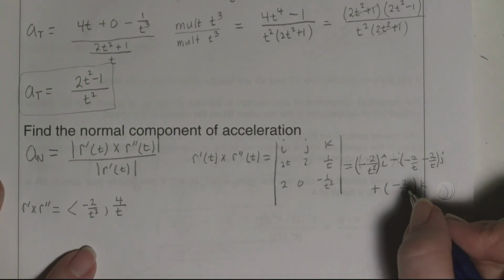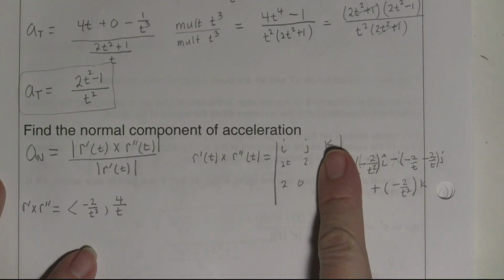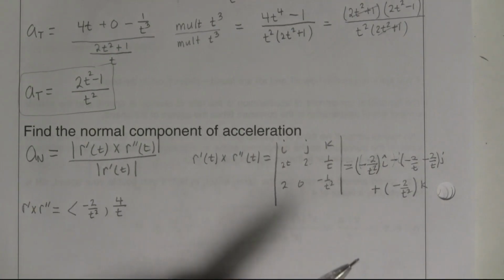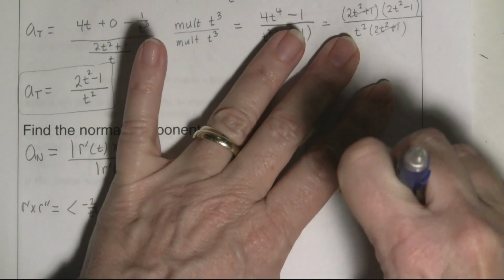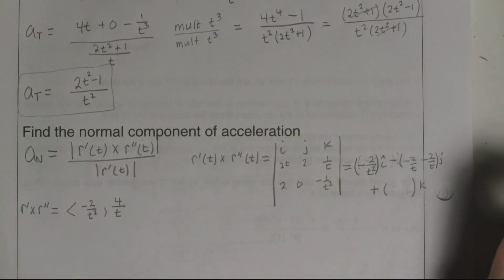And then here, 2t, put your finger on k. Do you see the mistake I made? I think I had my finger on the wrong one. I was complaining about people making a mistake on their cross product, and I was about to make a mistake on my cross product.